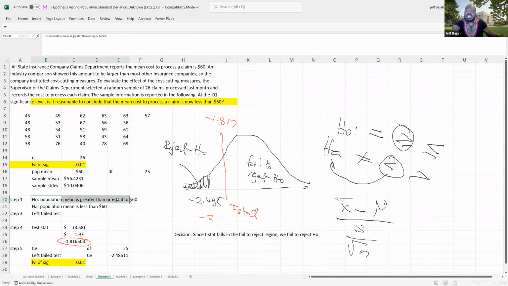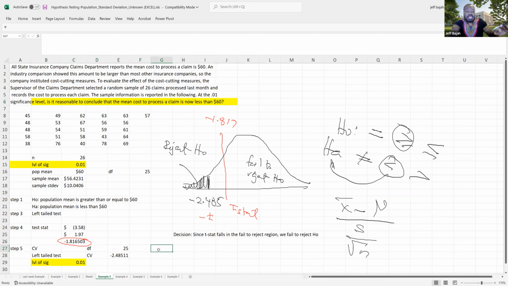H sub O is saying that population mean is greater than or equal to 60. We fail to reject that. So that's sad, right? Because that means that all the cost-cutting measures that the company has used has not reduced the cost. So the cost is still equal to or greater than 60. The question is, is it reasonable to conclude that the mean cost to process a claim is less than 60?